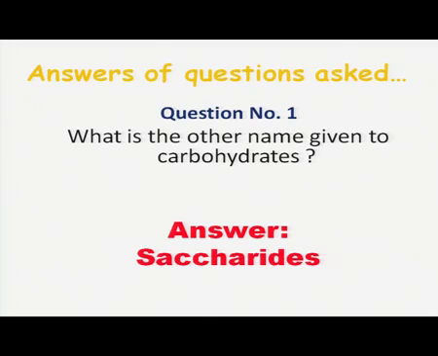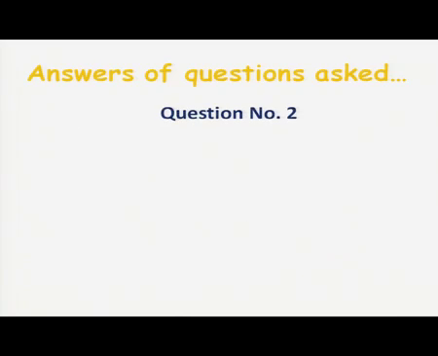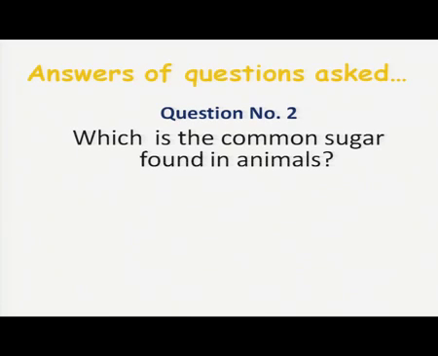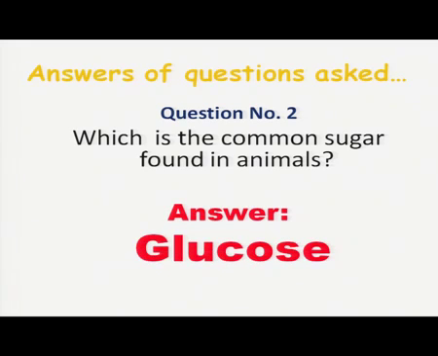So, on that basis it has been classified into monosaccharide, disaccharide, oligosaccharide and polysaccharides. My second question was, which is the common sugar found in the animal? The common sugar which is found in the animal is glucose, which gives an immediate source of energy.